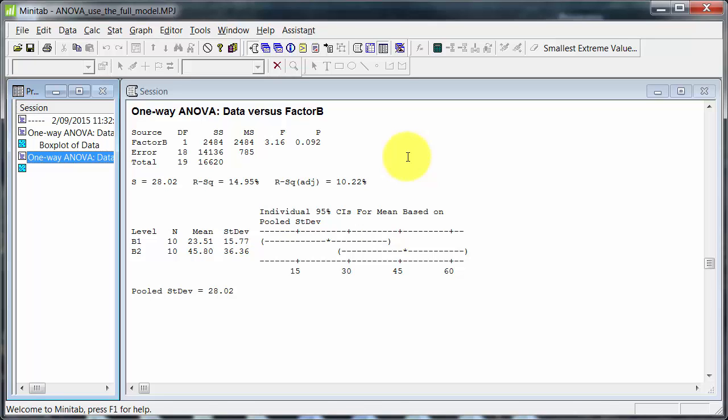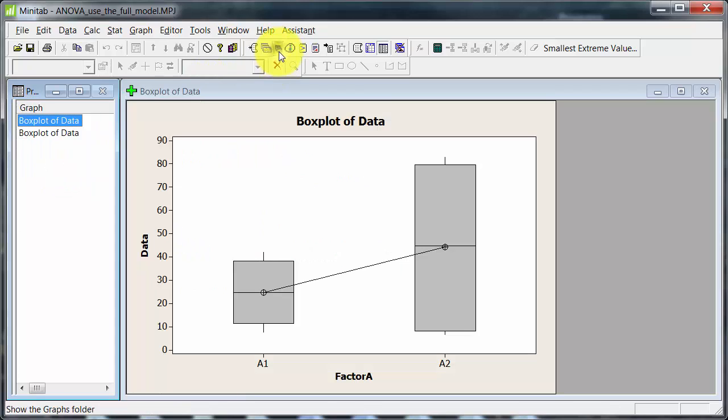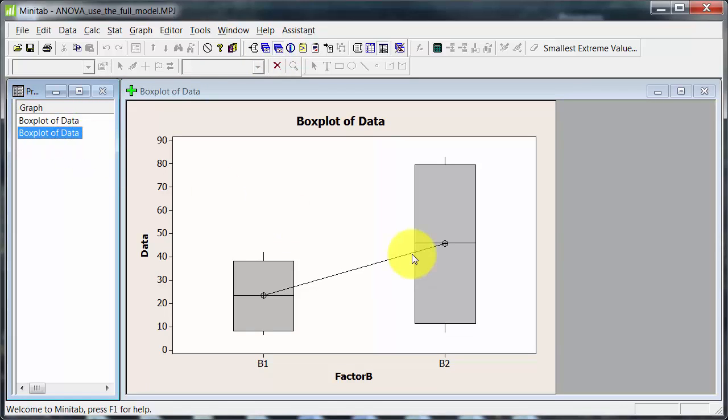The confidence intervals still overlap considerably. Same story for factor B. B1, if anything, is going to be smaller than B2, looking at the averages.